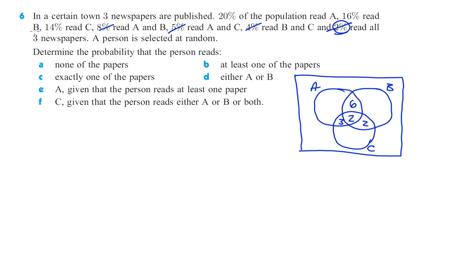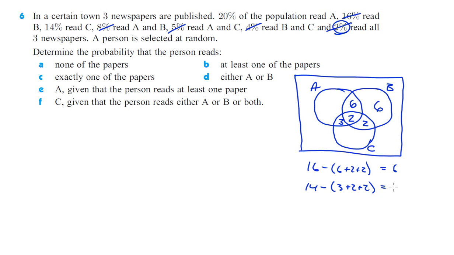16% read newspaper B. So there's 16 total in all 4 of these regions here. So 16 minus 6 plus 2 plus 2. That's 6, 7, 8, 9, 10. So that's going to give us that this here is going to be 6. 14% read C. So 14 minus 3 plus 2 plus 2. 3, 4, 5, 6, 7.